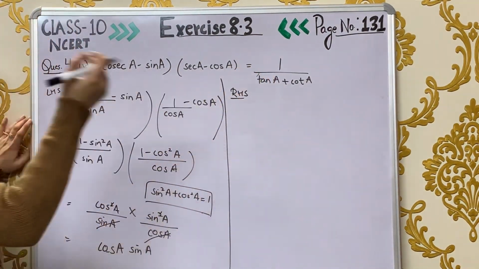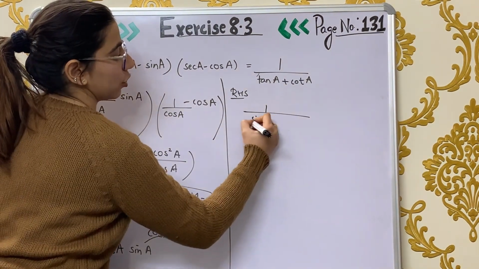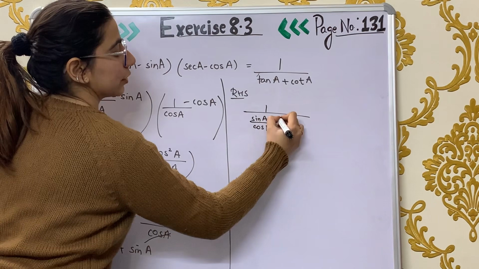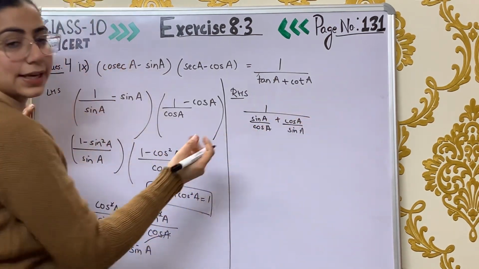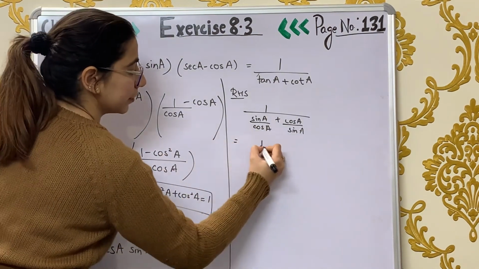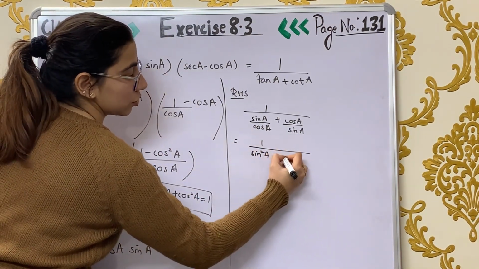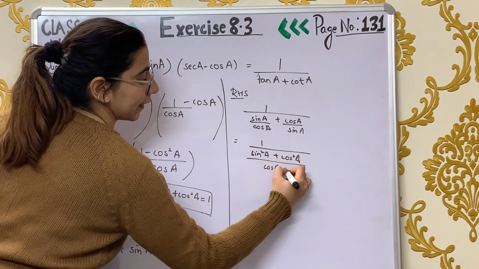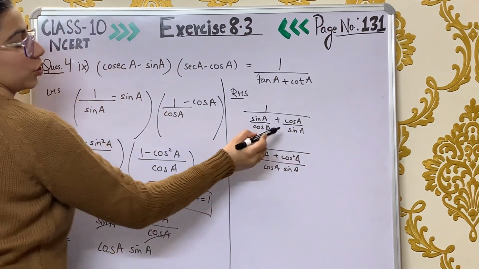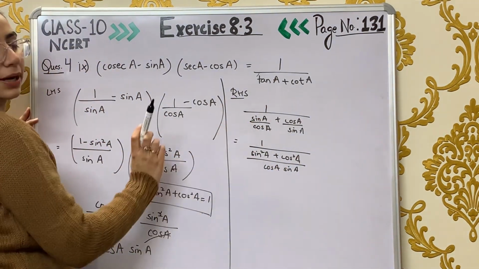Let's convert the tan a and cot a into sine and cos terms. Tan a can be written as sine a by cos a, and cot a can be written as cos a by sine a. Let's take LCM in the denominator. We get sine square a plus cos square a upon cos a into sine a, because here sine a is going to get multiplied by sine a and cos a is going to get multiplied by cos a.